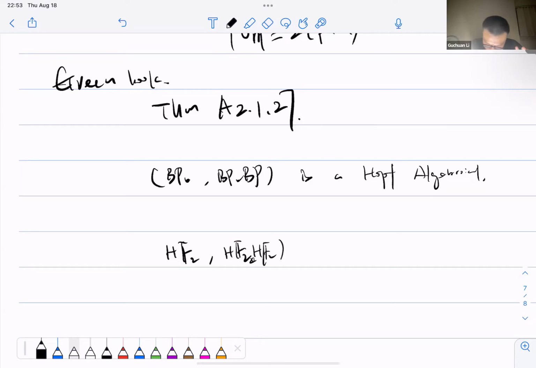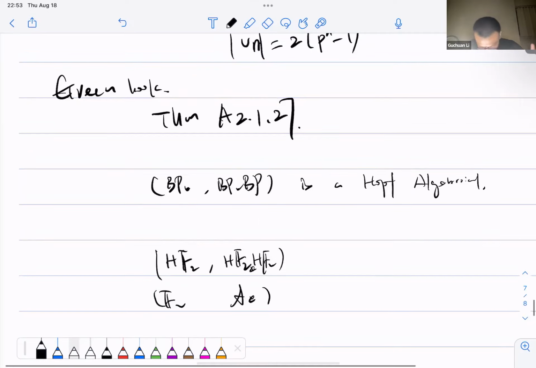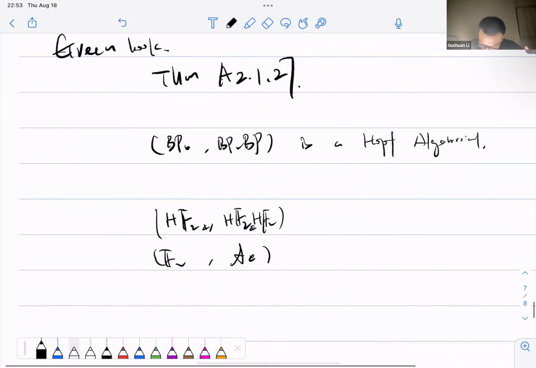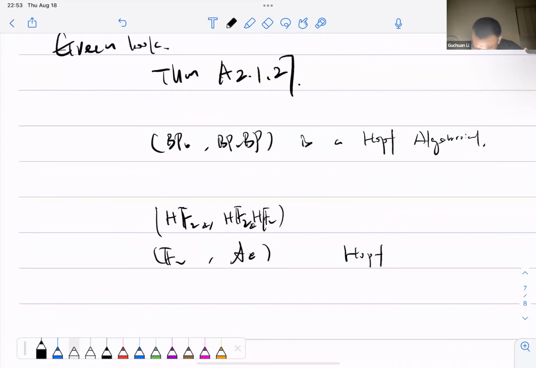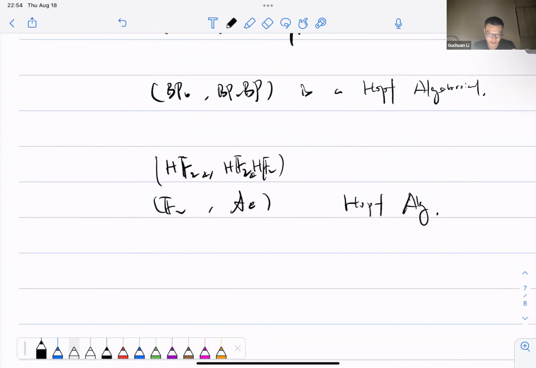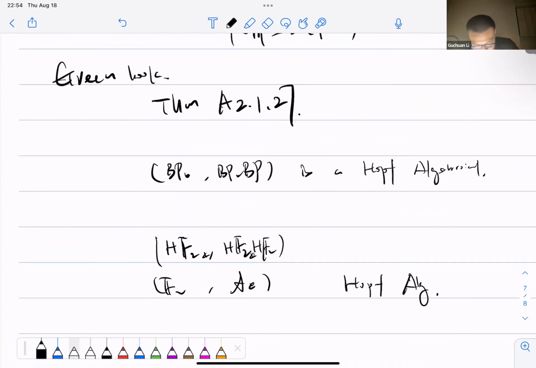This is a Hopf algebra, which is A_*, this is H F_2. And as you can imagine, this should be a coalgebra, and there should be all the structure maps, which are listed in detail in this reference.